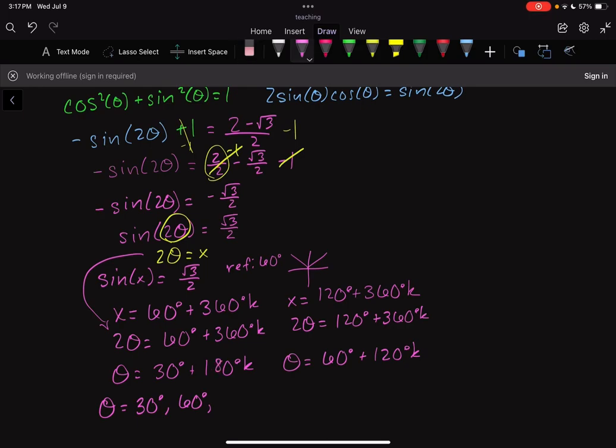I wrote 120 instead of 180. My bad. I guess I divided by 3 on accident. It's too crazy of a problem. So 30 plus 180 gives me 210, and 60 plus 180 gives me 240. And then I can't go any further than that because I'm going to start getting bigger than 360.